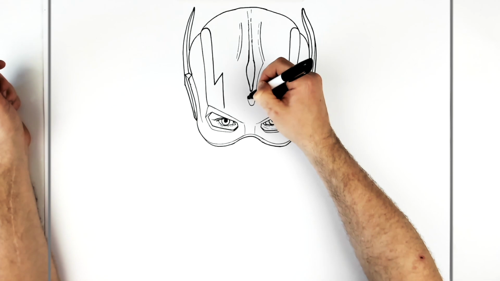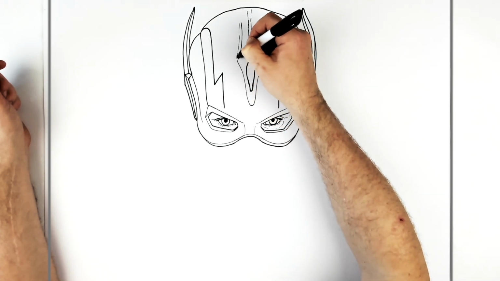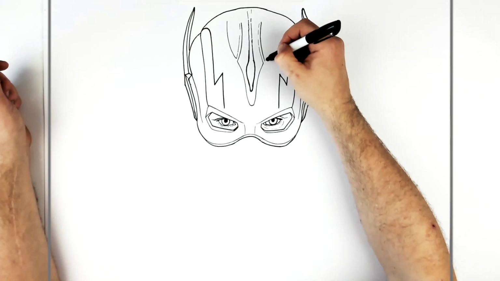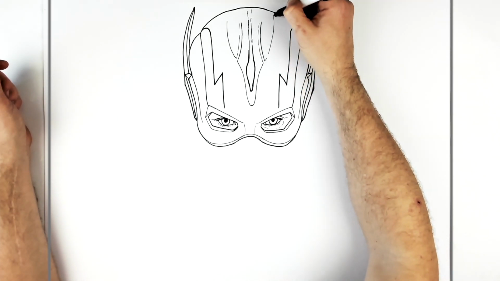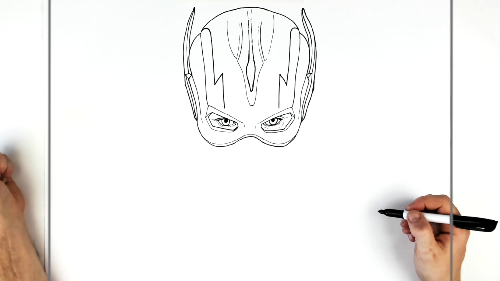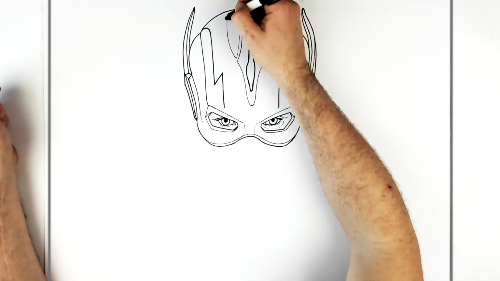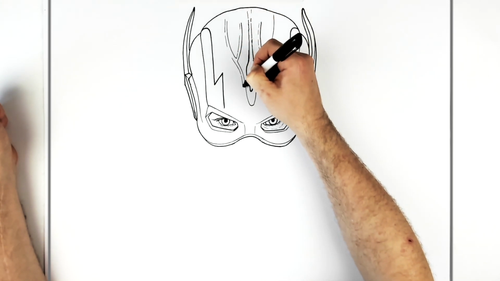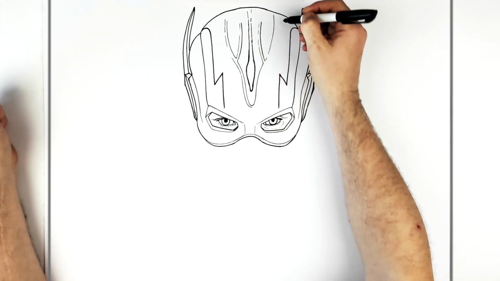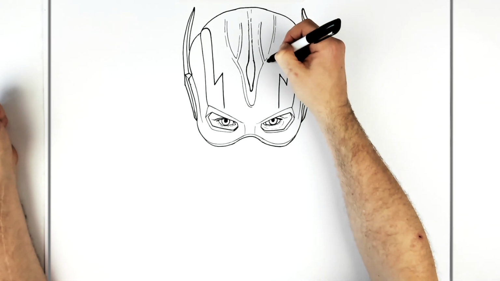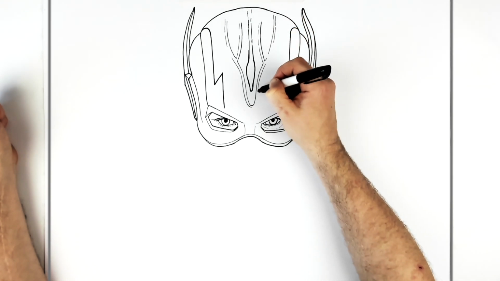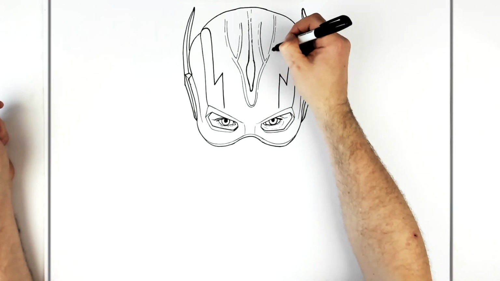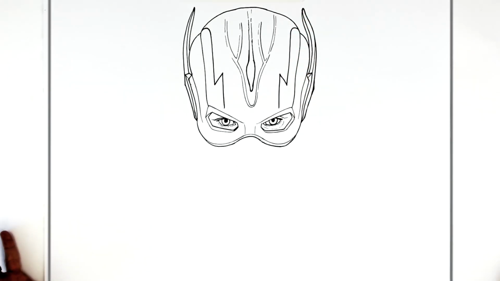These kind of overlap like this. Right, and then they have another side to them, so they're like double. And they're just kind of lightly drawn in. So see the way I'm leaving these gaps, because I don't want it to look like it's like a hard thing, sort of.